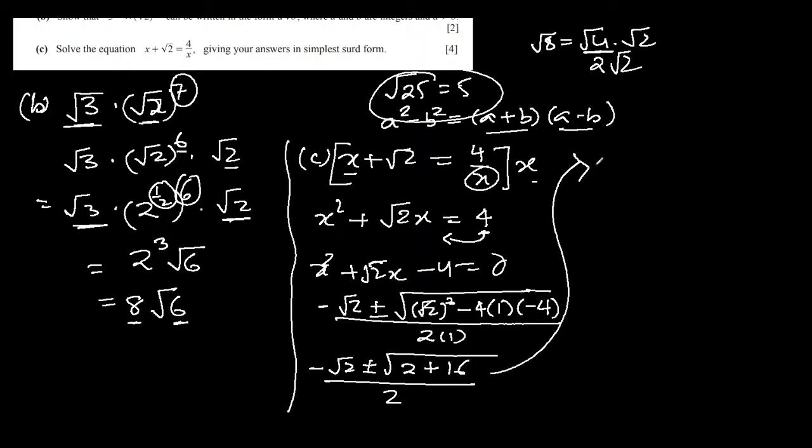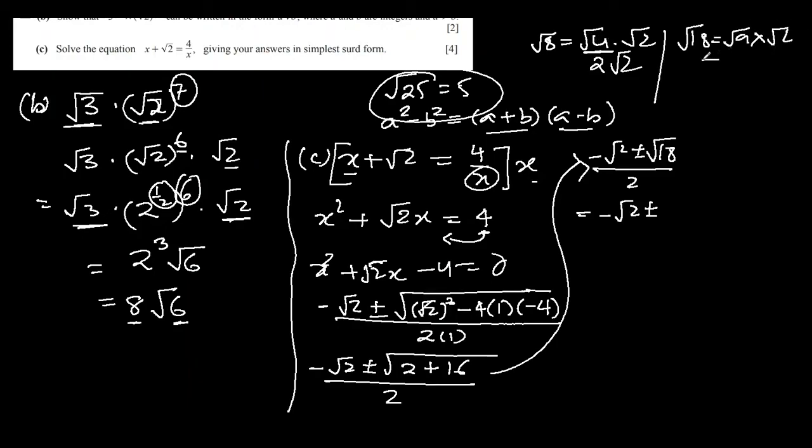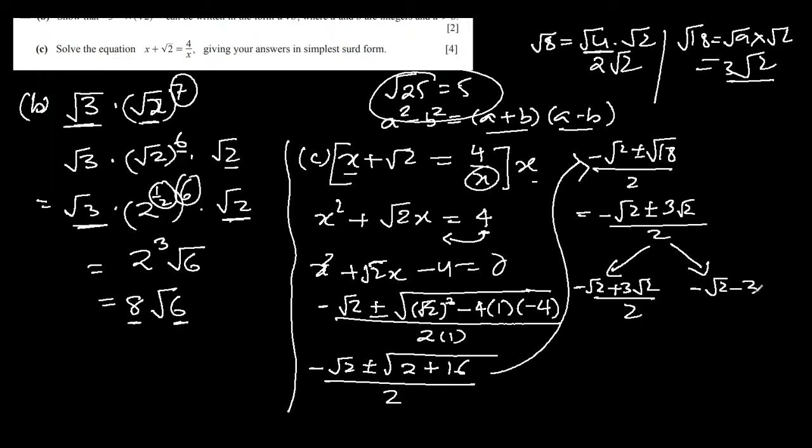So minus square root 2 plus minus square root 18 over 2. 18 can be written as square root 9 times square root 2, which comes out to be 3 square root 2. So we will use 3 square root 2 here, over 2. Now one will be minus square root 2 plus 3 square root 2 over 2. Second will be minus square root 2 minus 3 square root 2 over 2.